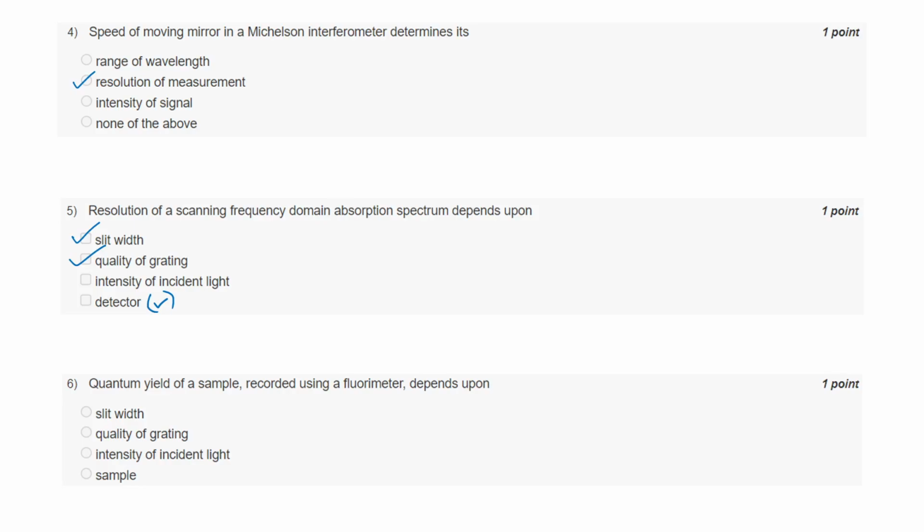The other process is known as the absolute method. The absolute quantum yield is mostly required for solid state quantum yield, or when you want to record for a thin film or something like that. Then you need an integrating sphere. It's not a black box but a white box.